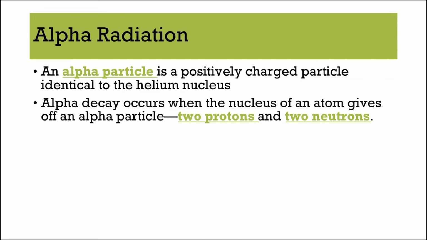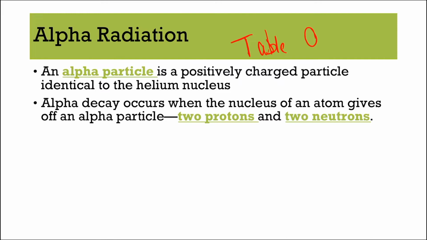So the first type of radiation or decay is called alpha radiation. And at this point, if you don't have your reference table out, take it out and look at Table O, because that will play a big part in what we're talking about. An alpha particle is basically a positively charged particle identical to a helium nucleus.